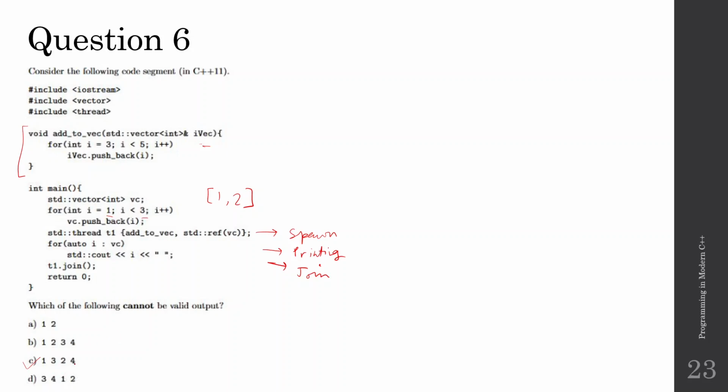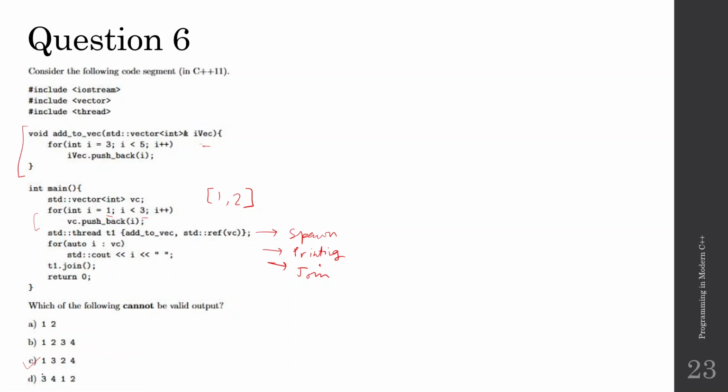But for part C, this is not a valid output because your vector already has 1 and 2 before the thread spawns. So that order cannot change. Your 3 cannot come before 2 because it starts with 1 and 2. So C cannot be a valid output, so C is the answer.